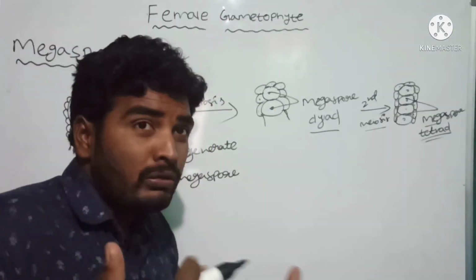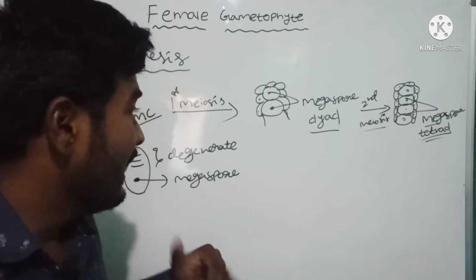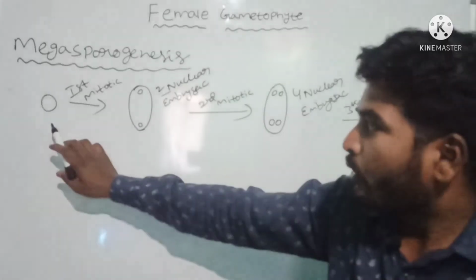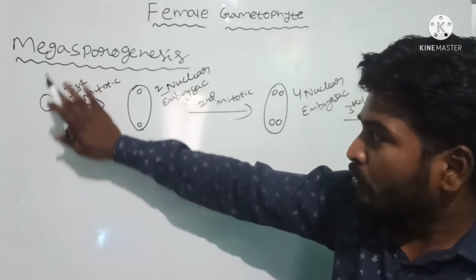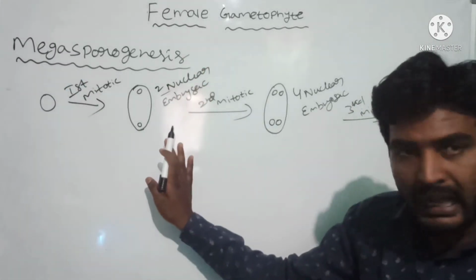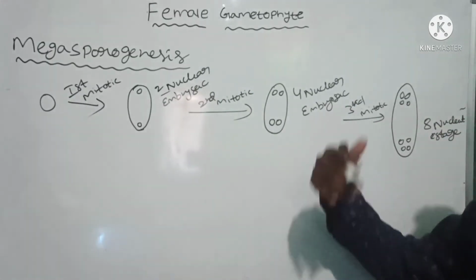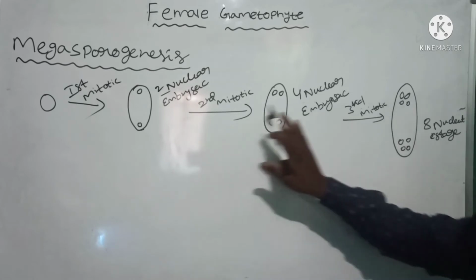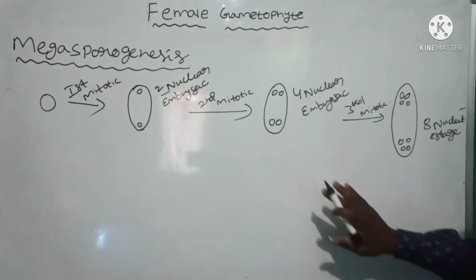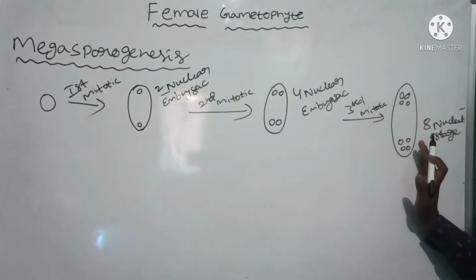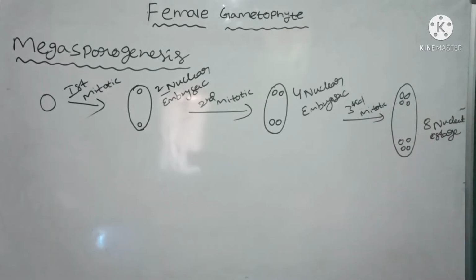Now let us see how the megaspore develops into the female gametophyte or embryo sac. The functional megaspore, through the first mitotic cell division, is converted into a two-nuclear embryo sac, then the second mitotic division makes it a four-nuclear embryo sac, and the third mitotic division makes it an eight-nuclear stage.